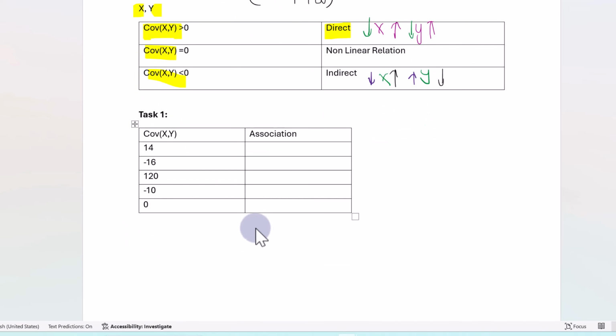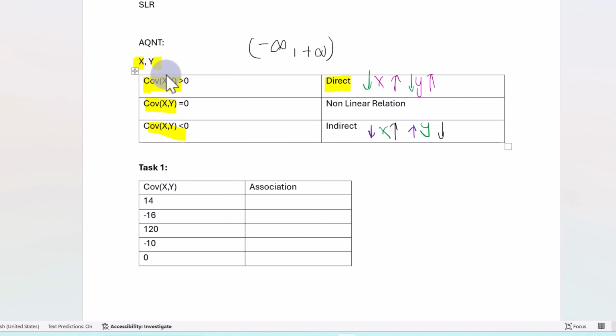Task one for you would be to complete this table. In other words, based on the value of the covariance, please write here whether we have a direct relationship, an indirect relationship, or no linear association. Please remember that covariance is basically used to test the linear relationship between the given two quantitative variables.